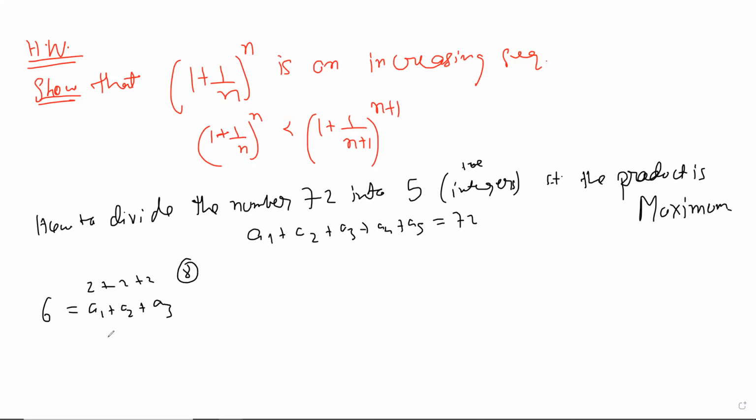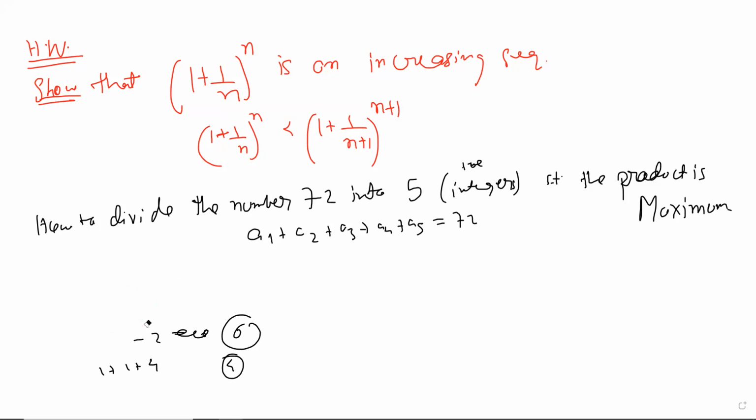If you divide it as 6, the product is 6. If you divide it as 1 plus 1 plus 4, the product is 4. So how to divide it so that the product becomes maximum? Is the question clear?